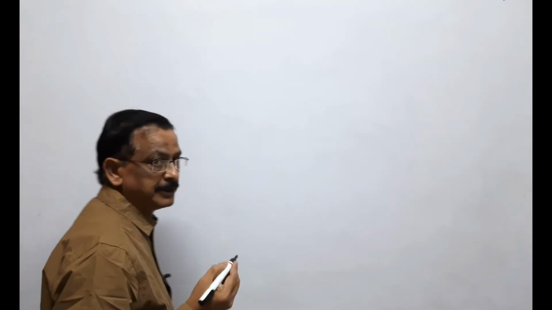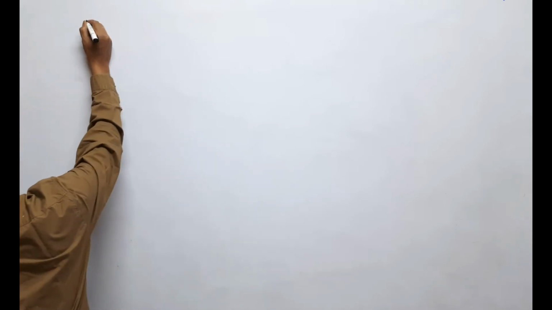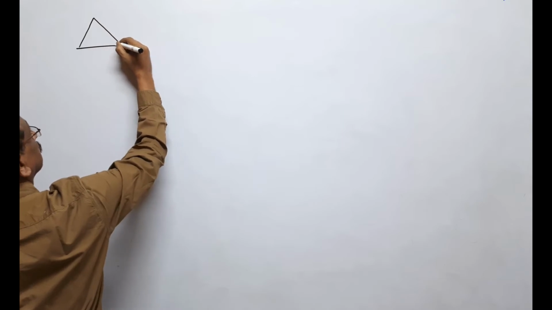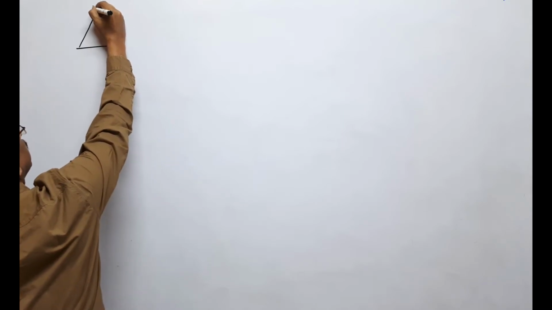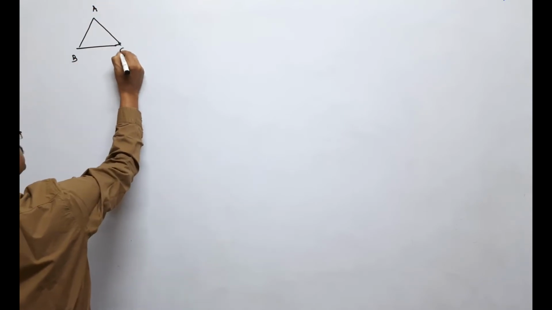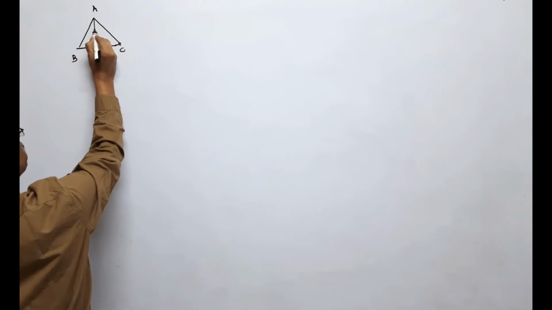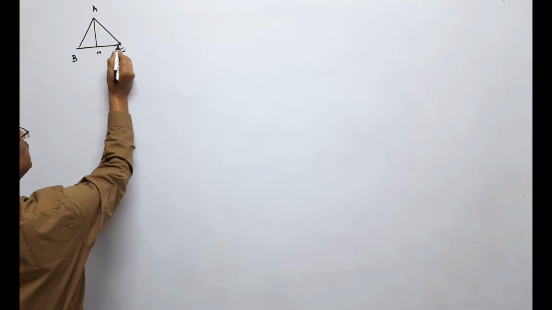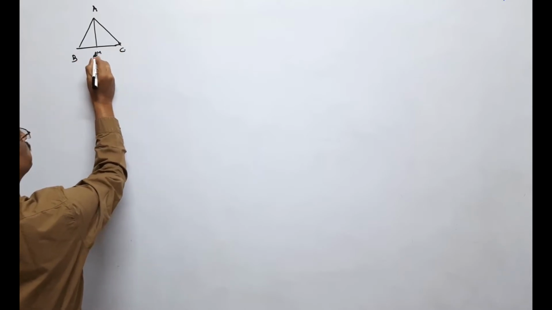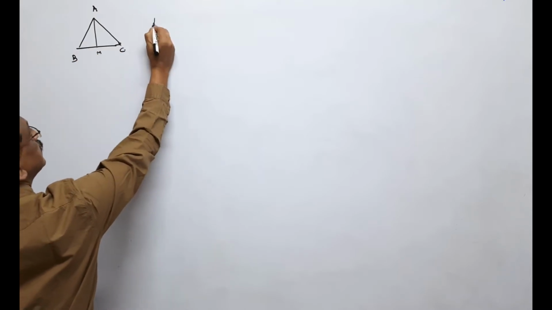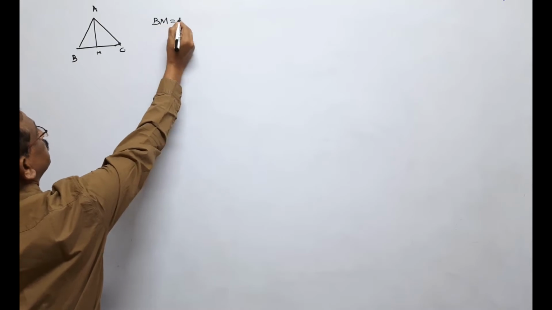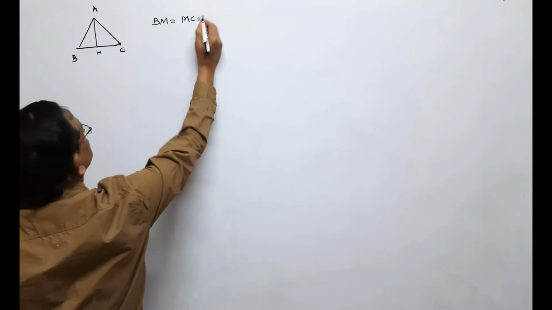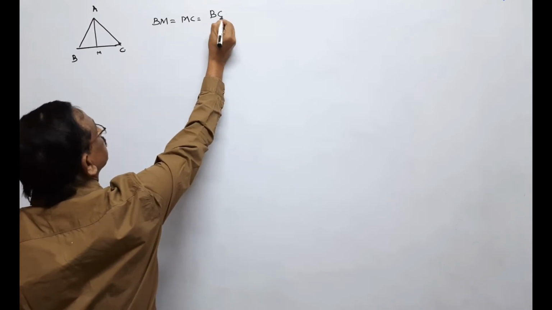So for convenience, again I will write down the triangle ABC. I'm dropping a perpendicular, which is M. Because BC is divided into half, BM is equal to MC is equal to BC by 2.